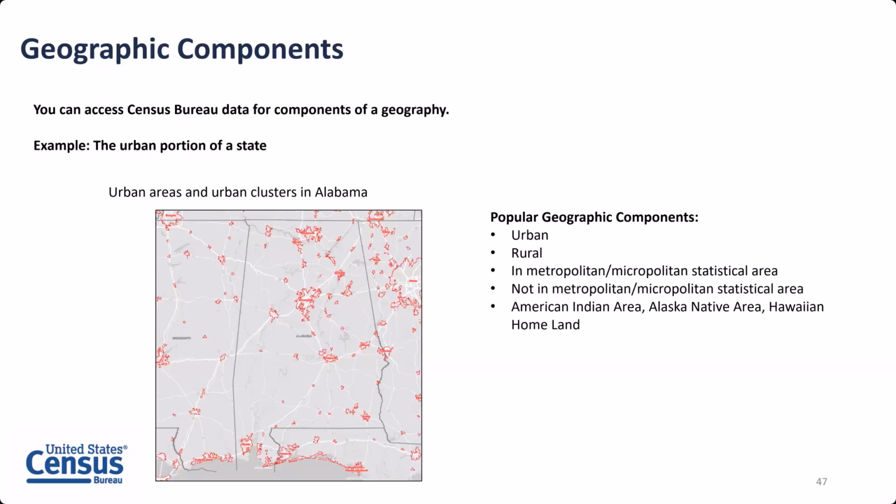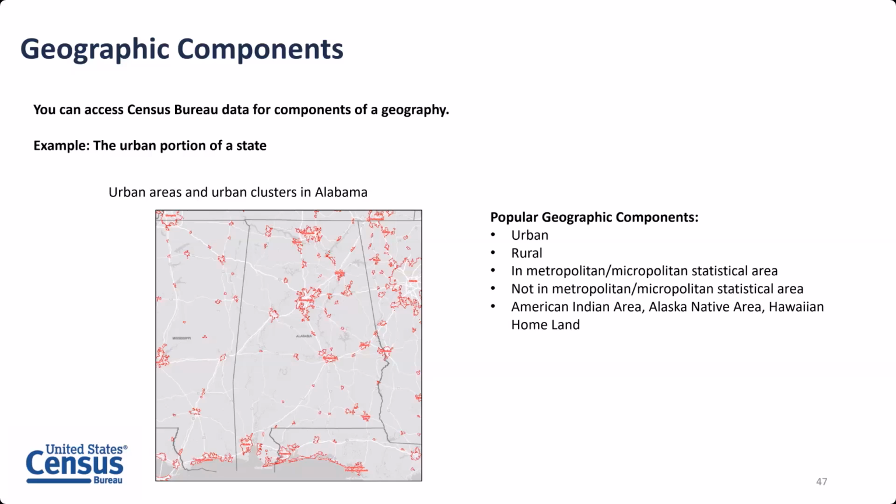There are many different ways you can access data for geographic components. Some other popular geographic component options we have include data for people who live within a metropolitan or micropolitan statistical area, data for people who live outside of a metropolitan, micropolitan statistical area, or data for people who live on American Indian, Alaska Native area, or Hawaiian homelands.